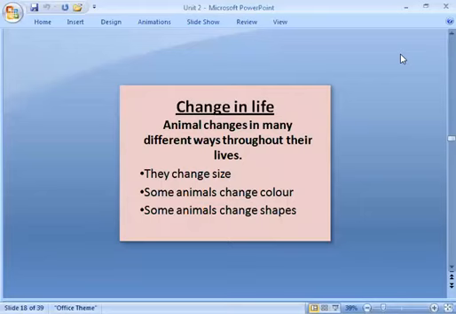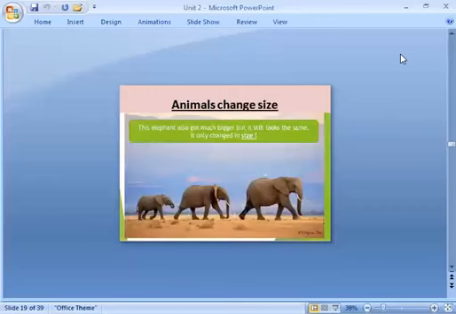Animals change in many different ways throughout their lives. They change size. Some animals change color. Some animals change shapes. Animals change size. This elephant also got much bigger, but it still looks the same. It's only a change in size.